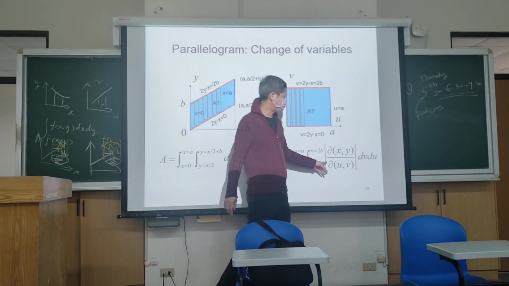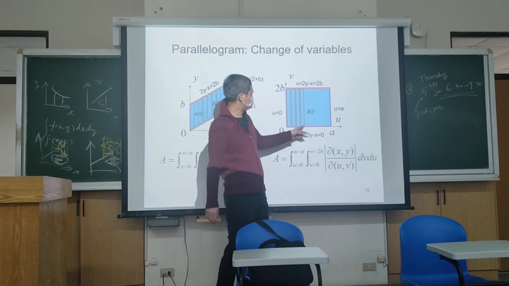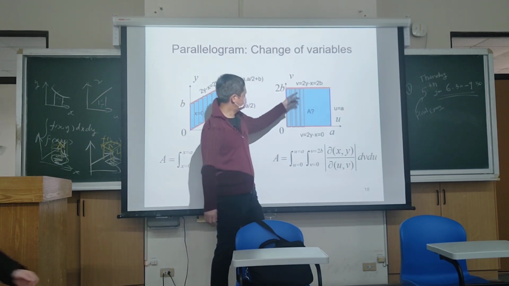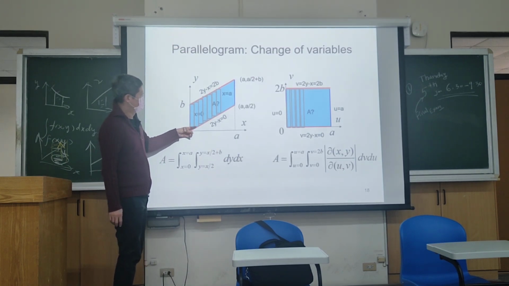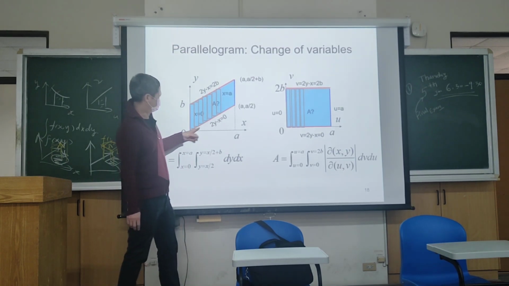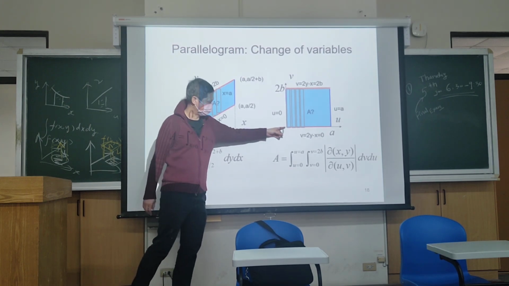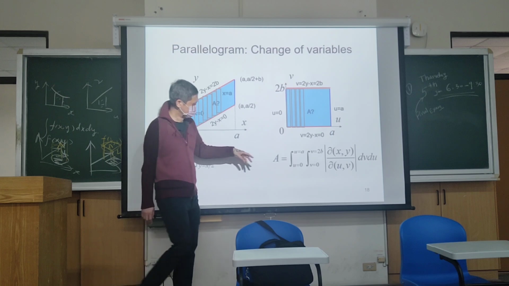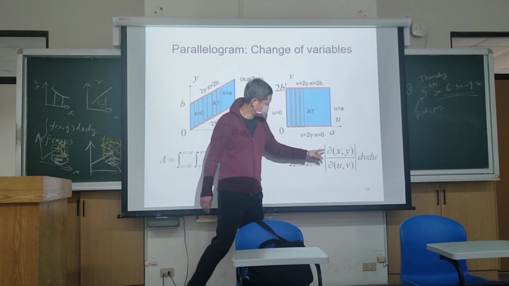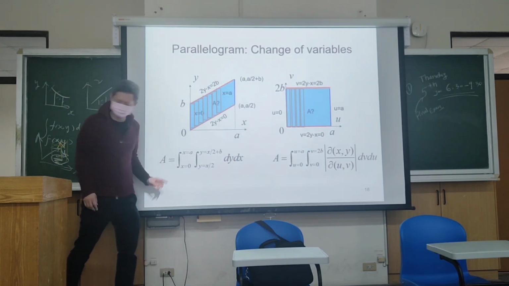But once you do this transformation, by changing the variable to u and v, okay? Now you are taking the red line projected onto the horizontal line, and then the height is changed as well. So this change of variable will then give you the same area.